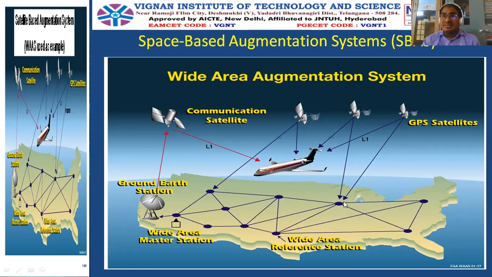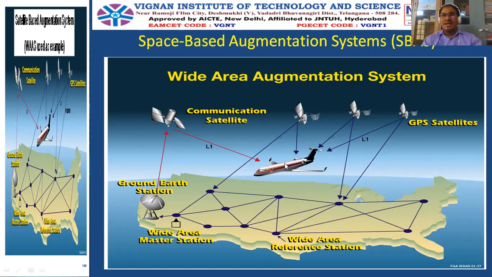And how this information is transmitted is, first it will send it to the ground earth station, and the ground earth station will transmit it via uplink system to the communications satellite. And from there the communication satellite will transmit to the user. Then he may apply the corrections.